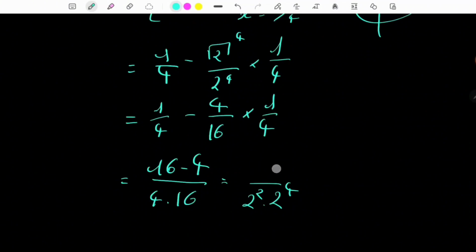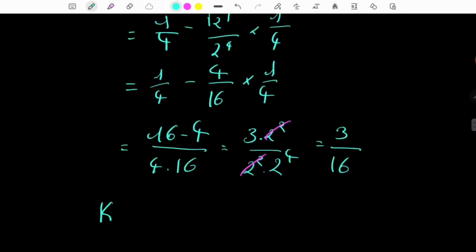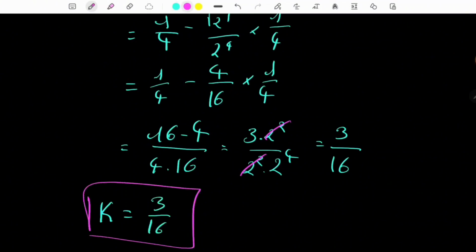So 12 is equal to 3 times 2 squared. So let's simplify here and here, and it is equal to 3/16. So we answer the question: K is equal to 3/16. And we are done.